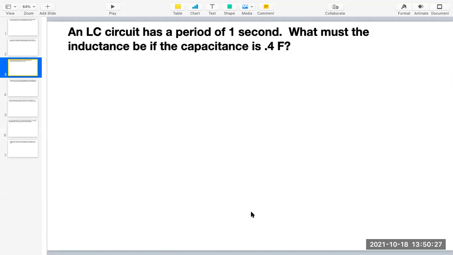Hold on, you might be rusty with your periodic motion equations. Angular frequency is equal to 2 pi times frequency, and our period is 1 over the frequency. So frequency and angular frequency will both be measured in inverse seconds, and period could be measured in seconds.